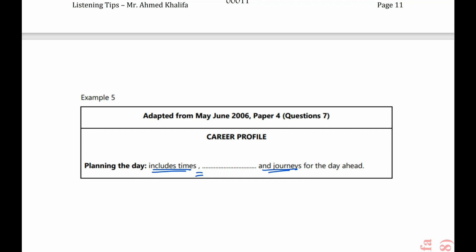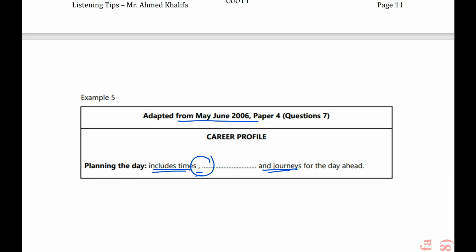This example, adapted from May-June 2006, paper 4, shows how a simple punctuation mark can help to guess the type of answer required. So the comma here is telling us all that. But how? We know that a comma is used to separate a list of similar items.